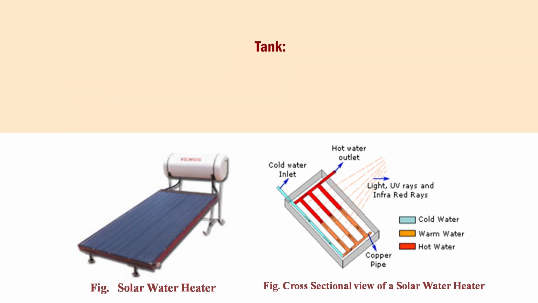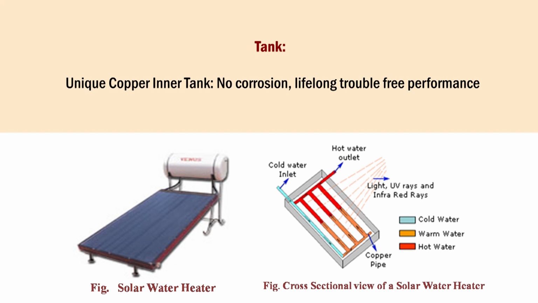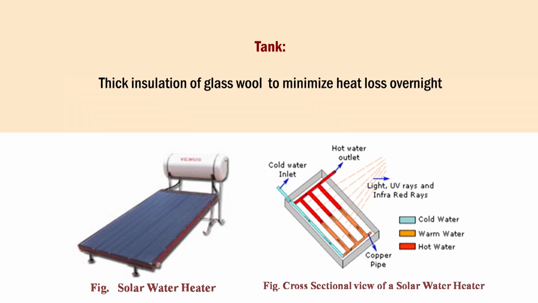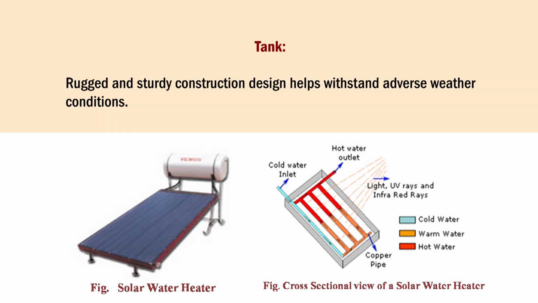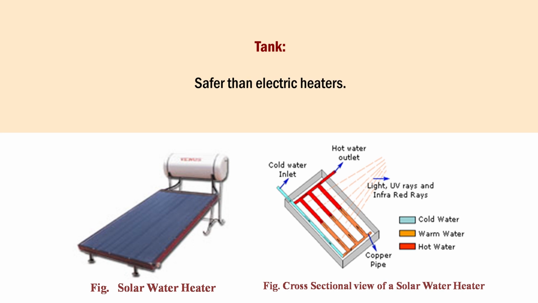If we talk about the tank, it has a unique copper inner tank which has no corrosion and lifelong trouble-free performance, thick insulation of glass wool to minimize the heat loss overnight, and a powder coated aluminum body that prevents rusting and corrosion. The rugged and sturdy construction design helps it withstand adverse weather conditions, and it is safer than an electric heater.